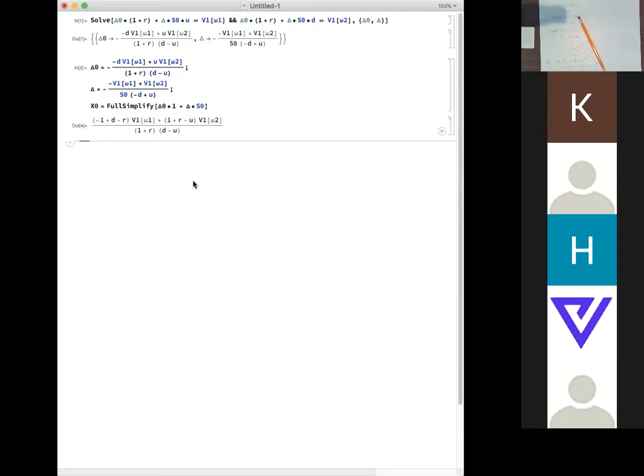Are there any questions about this part here? So you can kind of see there's something interesting with this formula, because it kind of breaks into two things.